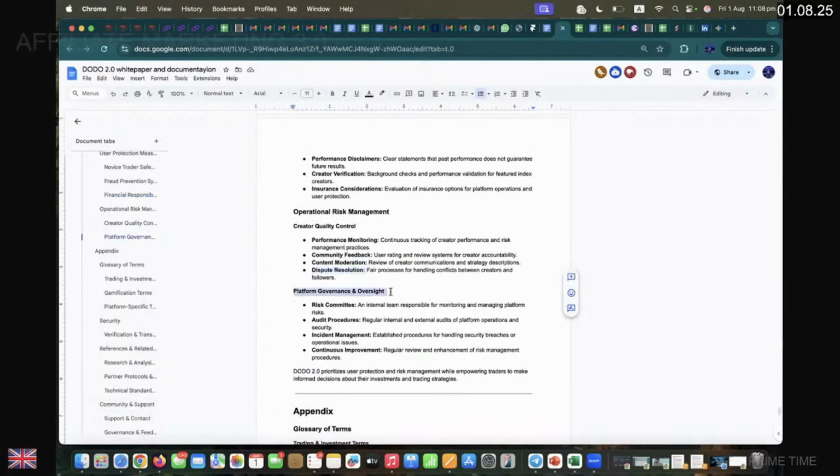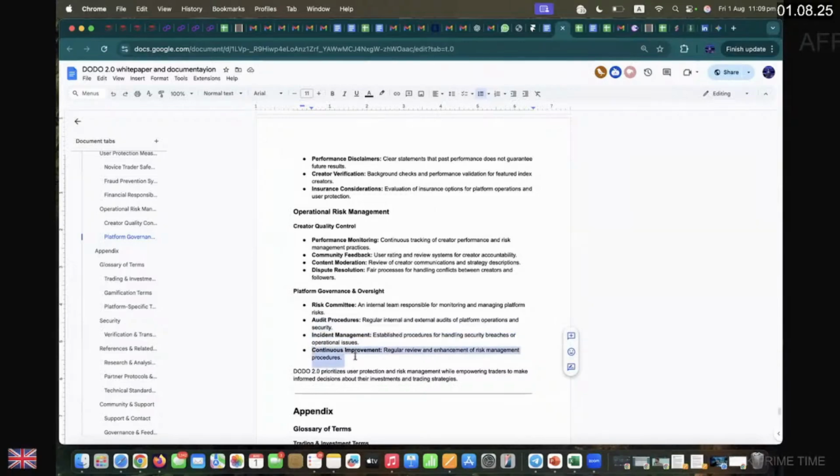Platform governance and oversight. Risk committee, an internal team responsible for monitoring and managing platform risks. Audit procedures, regular internal and external audits of platform operations and security. Incident management, establish procedure for handling security breaches or operational issues.